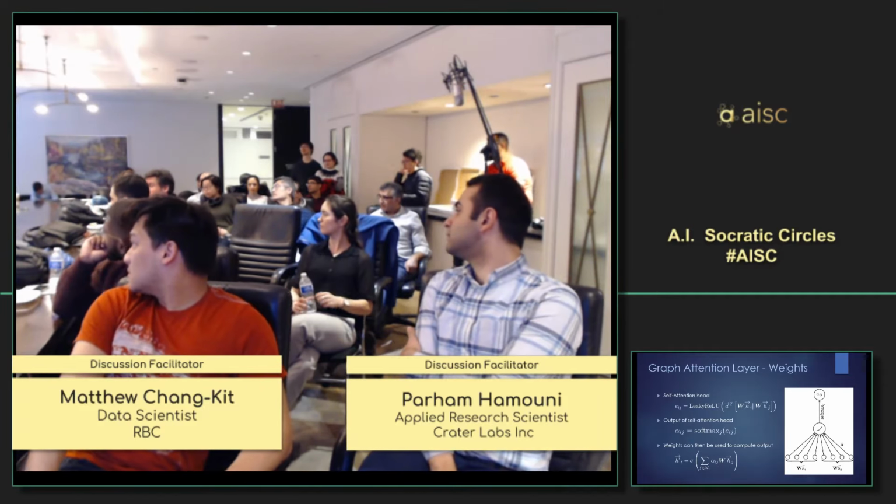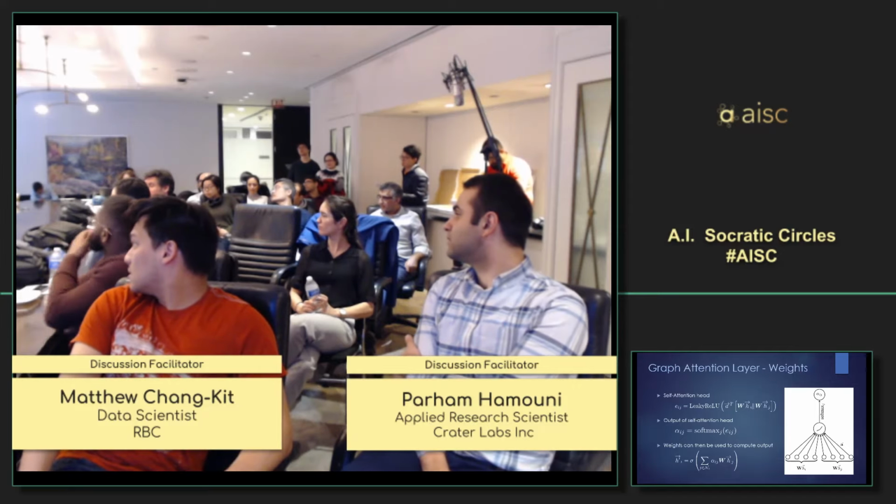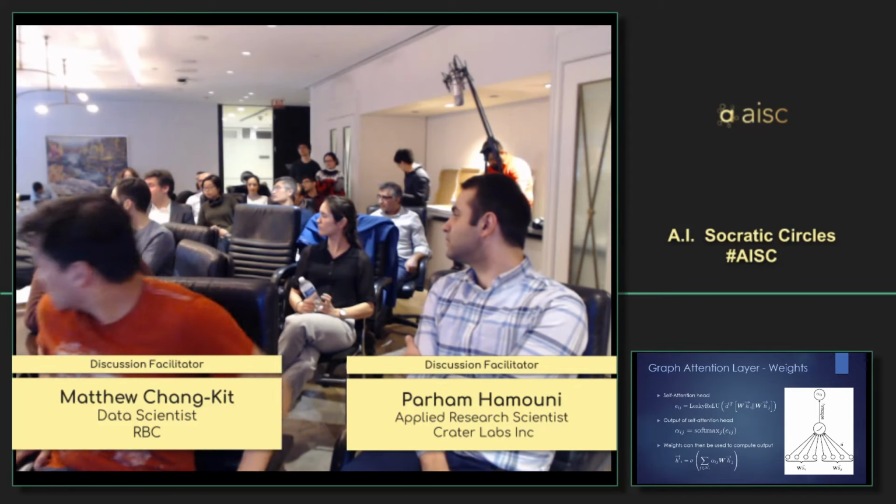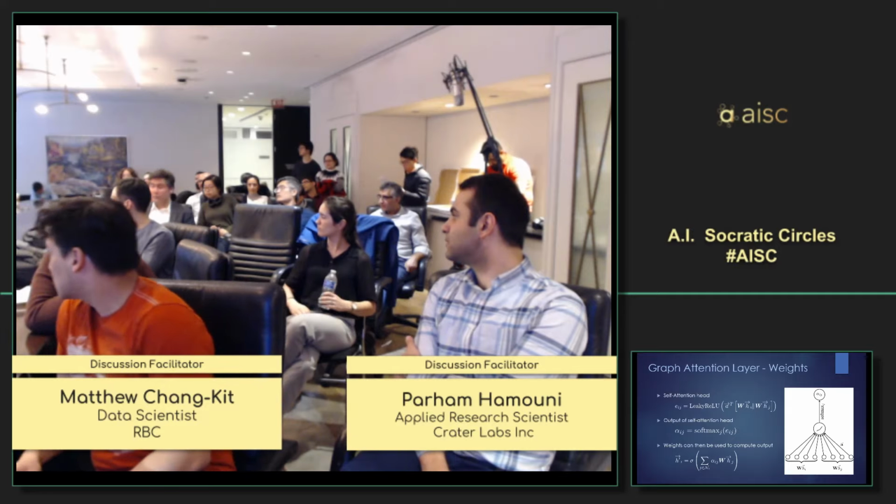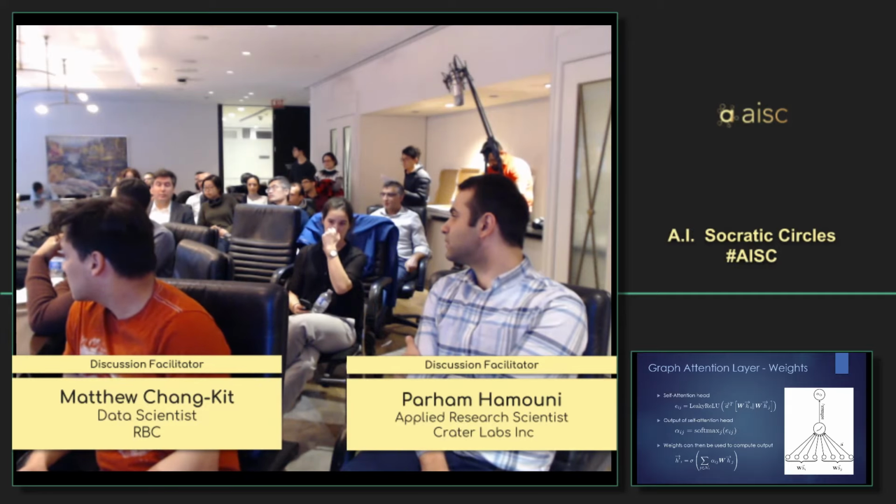I might clarify some people's questions around this A. In the paper, it mentions that A is a single layer feed-forward neural network parameterized by this weight vector A, an element of the real numbers, with cardinality 2F prime. So that's what you could think of this schematic as.